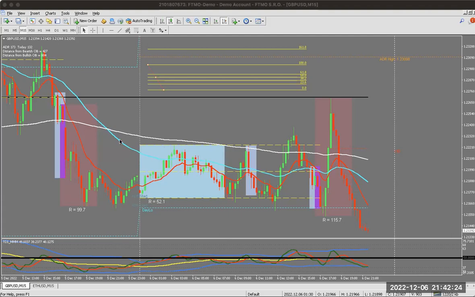This other one, we don't need that one, we're going to delete it. Then 0.5, which is the 50 level, which is the equilibrium. Then we've got 61.8, which is the sweet spot where we usually like to sell. Then we've got the 100. Most of these levels, I think, with the book, they are not there. So here I'll just leave the 100.